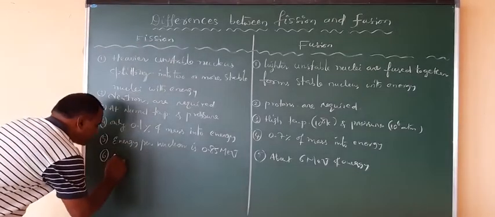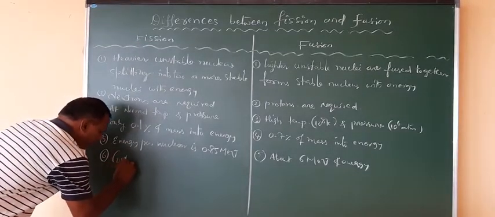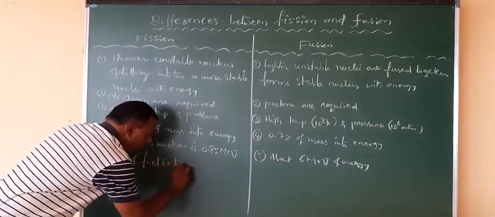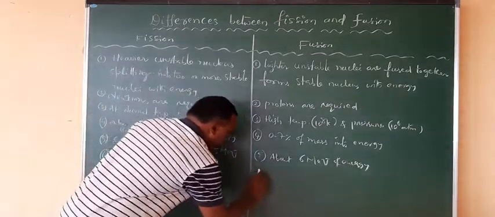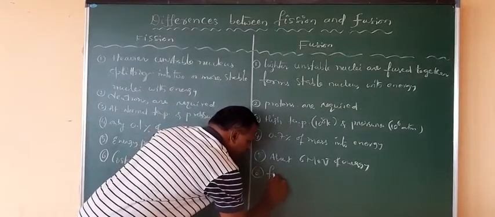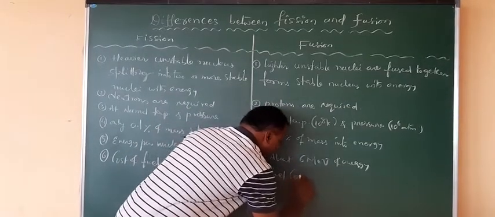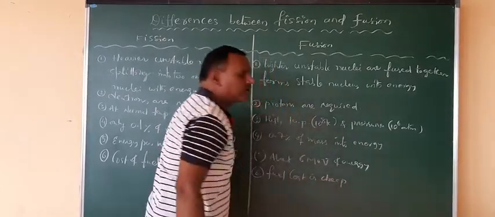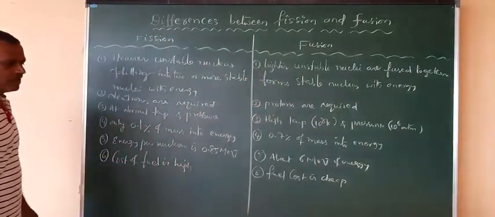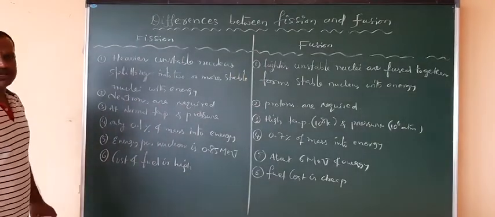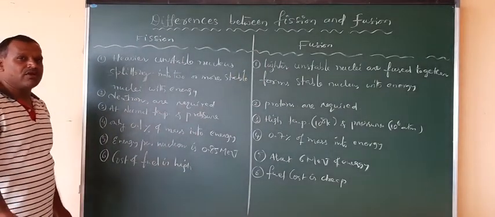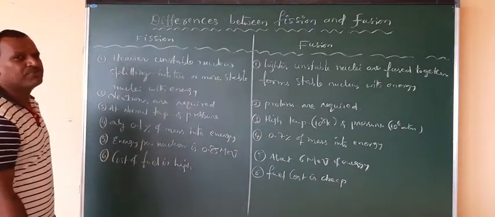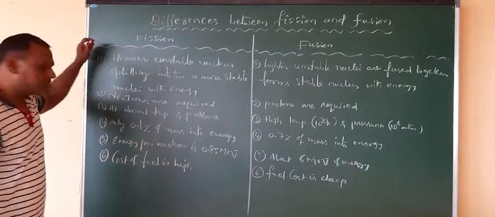So the cost of fuel is high. For fusion, the fuel cost is cheap or very low, because hydrogen is found in the atmosphere, in air, and in water, H2O. So hydrogen is much cheaper compared to the fission fuels, right?